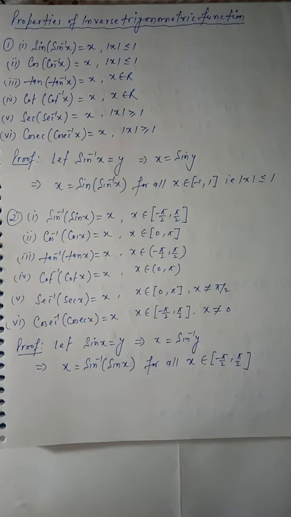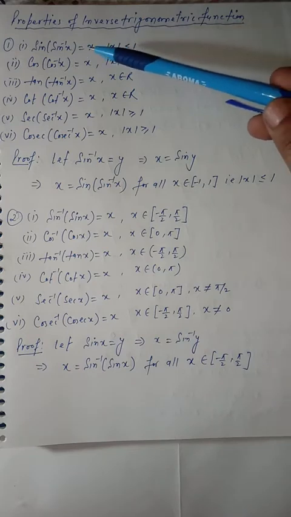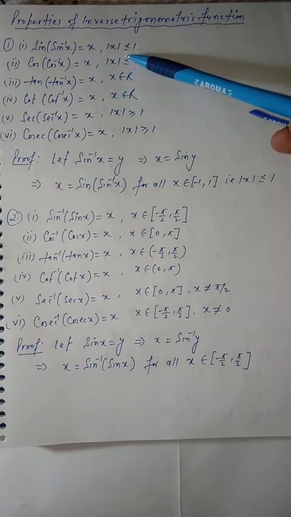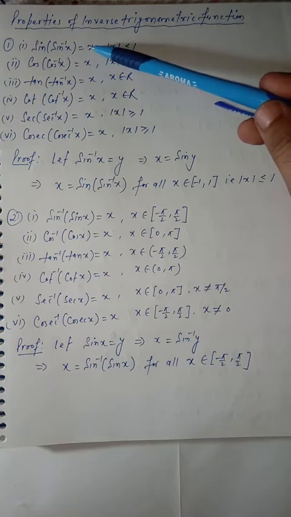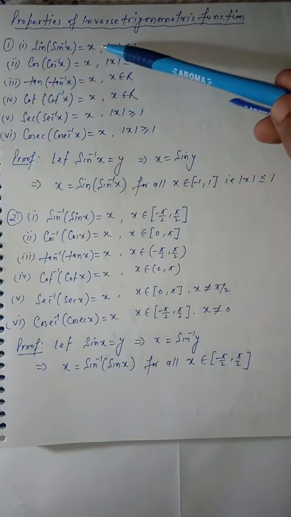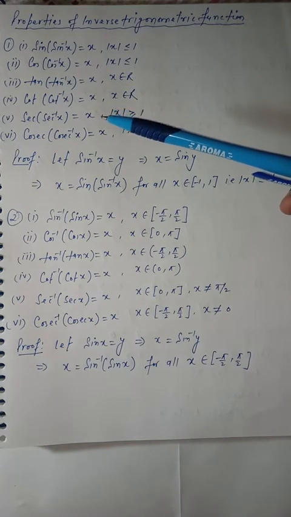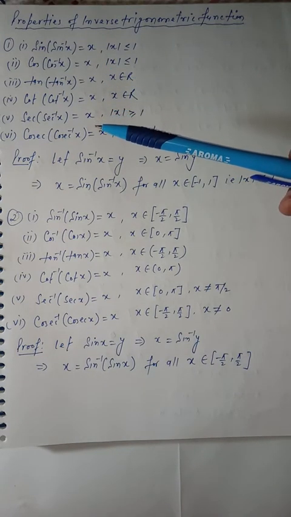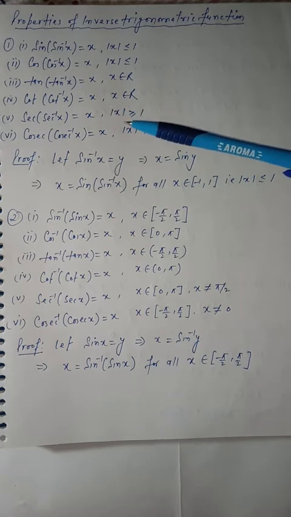Because we already know that the composition of f and g, when f and g are inverses of each other, will always be an identity function, fog and gof. So when x is in the domain, we will always get sine of sine inverse, cos of cos inverse, tan of tan inverse in the form of x. I am showing the proof for one of the functions.